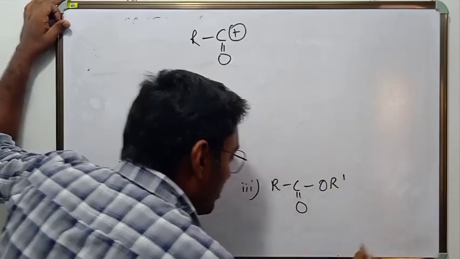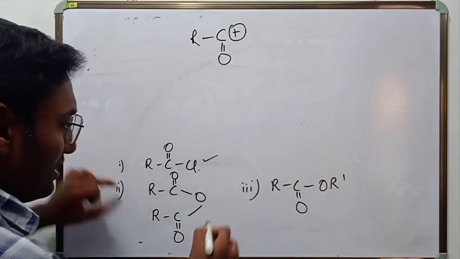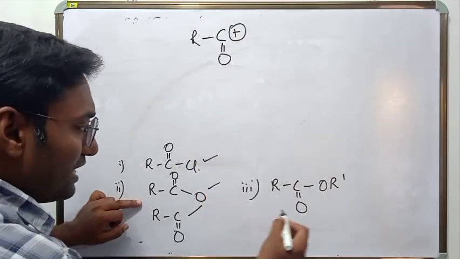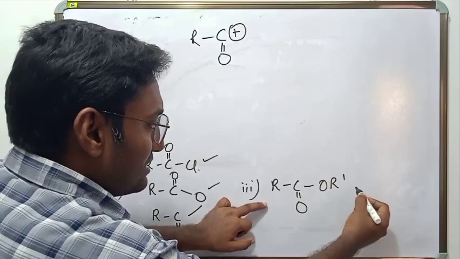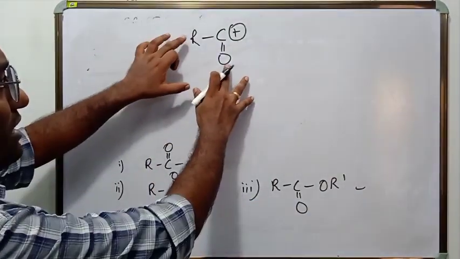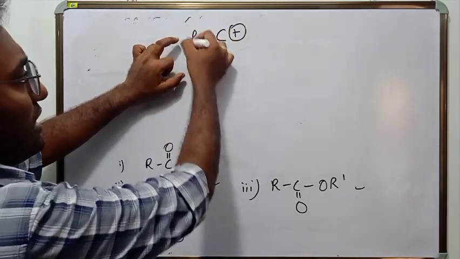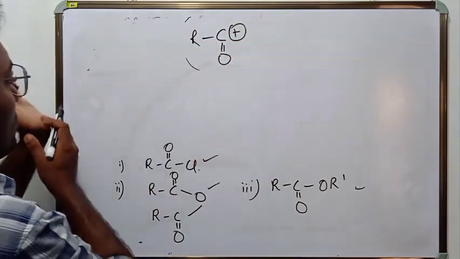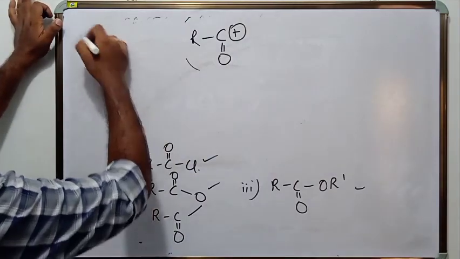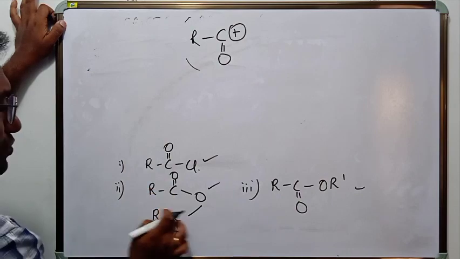Okay, so these are three sources: one is the acid chloride, the second is acid anhydride, and the third is the ester group. These three sources can be used, and you can get this electrophile, that is, an acyl cation. In the Friedel Crafts acylation reaction, you can use either 1, 2 or 3.